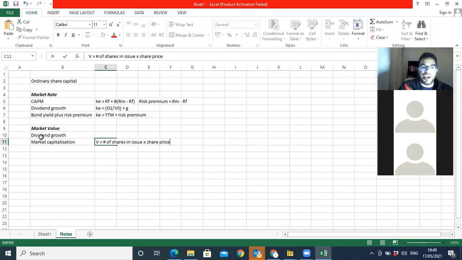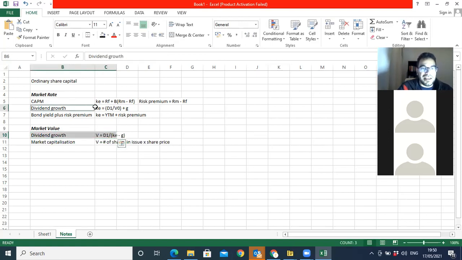Okay, the current share price. Over here, value equals D1, the dividend of the next period, divided by cost of equity minus the growth rate. So remember, this and this is the exact same formula, just rearranged. Okay, so those are the methods available for calculating the market rate and the market value for ordinary share capital.